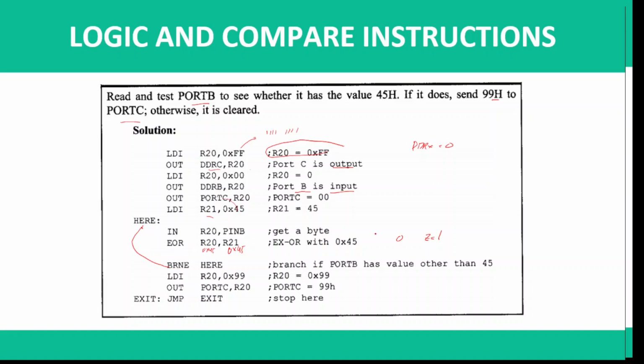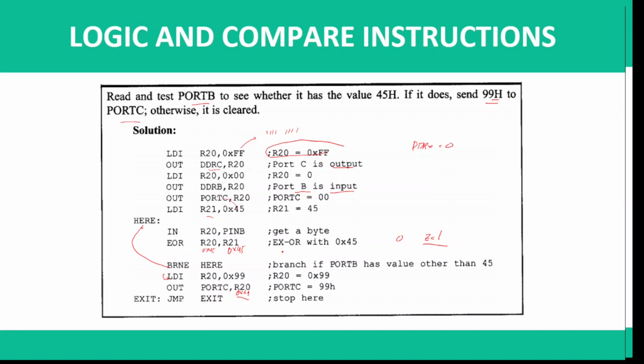But if Z is equal to 1, it proceeds. We load 0x99 into R20, and this R20 now has a value of 0x99 and will output to port C as 99H, as directed by this instruction: if the value in port B is 45H, the same as 45H, then we give an output of 99H. Otherwise, we'll have a clear value.